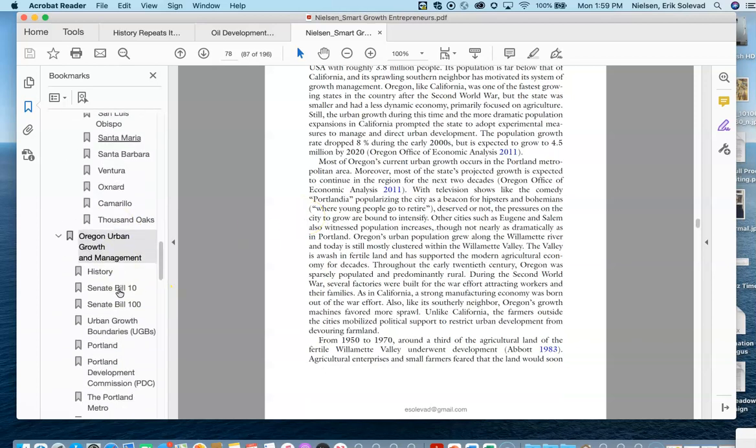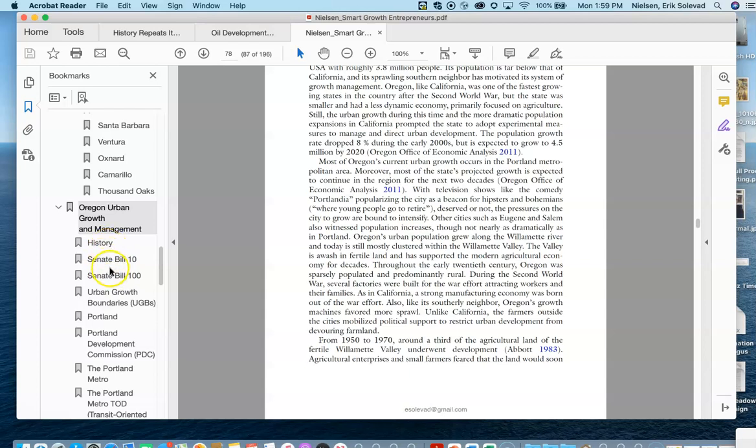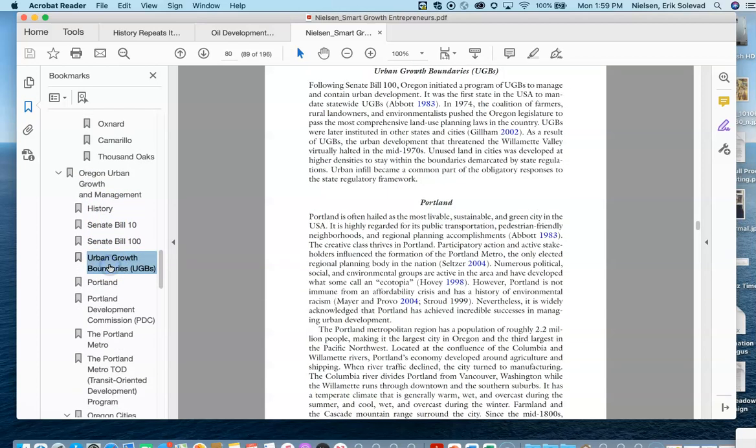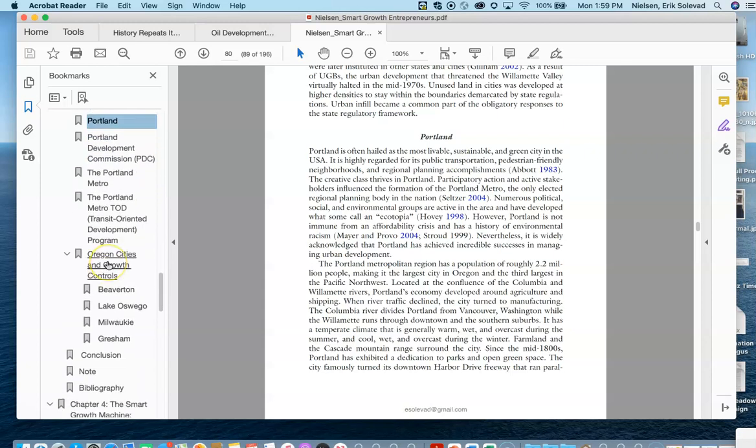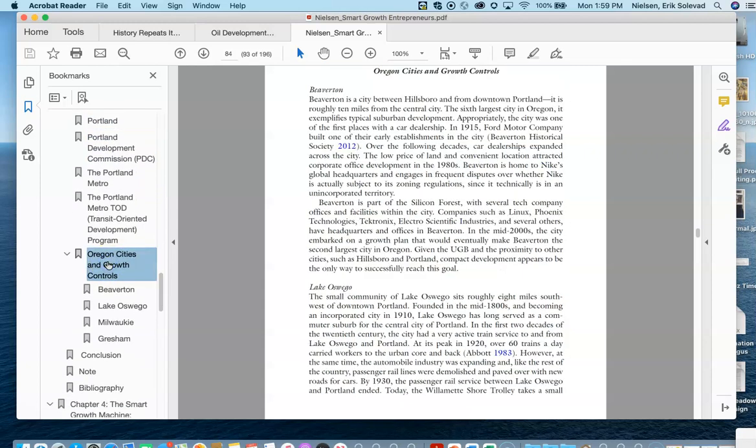But the one thing I did look at was the history of these various Senate bills that were passed, urban growth boundaries, and of course you can't talk about urban development and sustainability in Oregon without talking about Portland. So I spent some time talking about them, but then I spent a lot of time talking about these other small suburbs of Portland, and nobody talks about them.